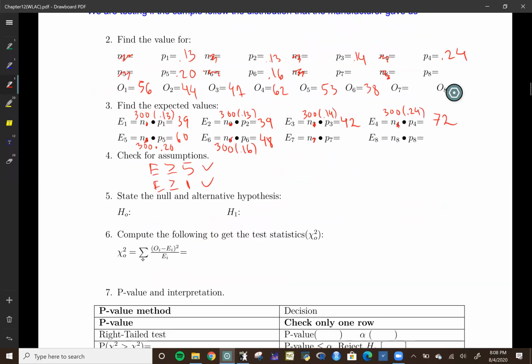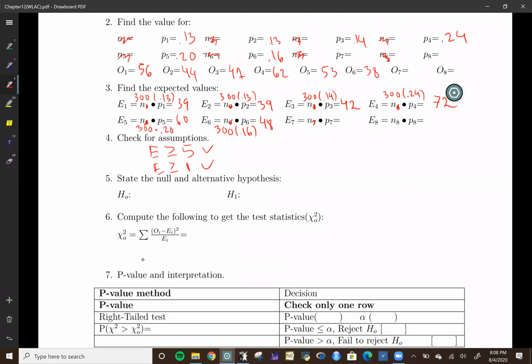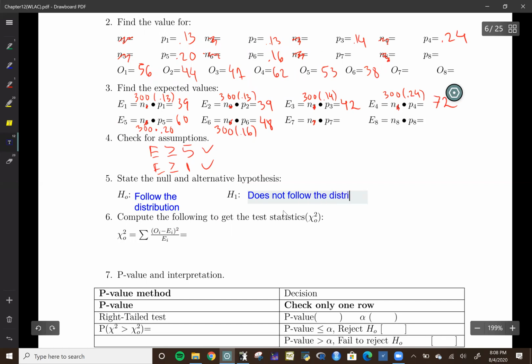All right, so let's do step 5. For step 5, we want to write the null and alternative hypotheses.